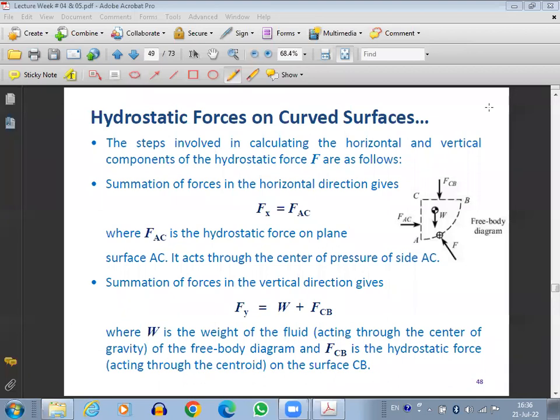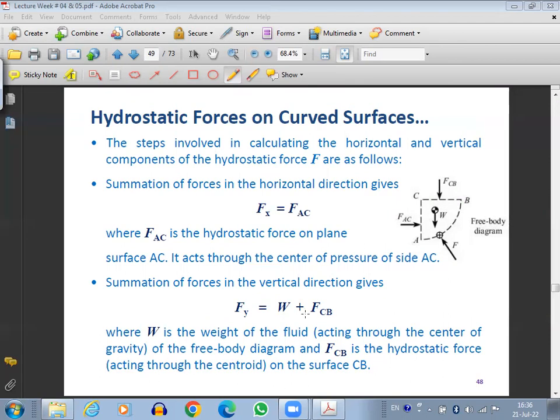Okay, so now we have already done the hydrostatic forces on plane surfaces. Now we are going to discuss how to find the hydrostatic forces on curved surfaces. For the case of curved surfaces, it becomes a little more complicated, in the sense that we find the forces over the projections.